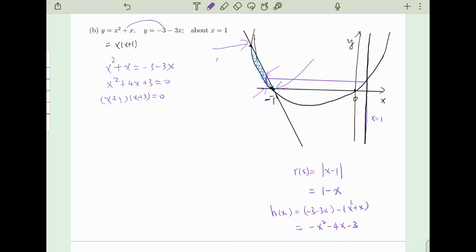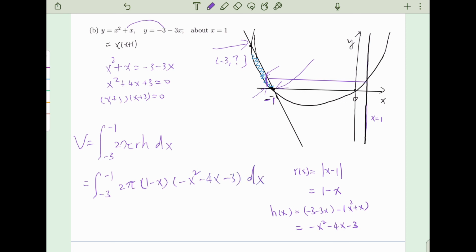So this point is negative 3. So now it's clear that the integral is from negative 3 to negative 1 of 2 pi r h dx in terms of x. And now we plug in everything. It's 2 pi, radius 1 minus x, and the height, that is negative x squared minus 4x minus 3 dx. Boom, that is the final answer. Okay, so that is our question B.